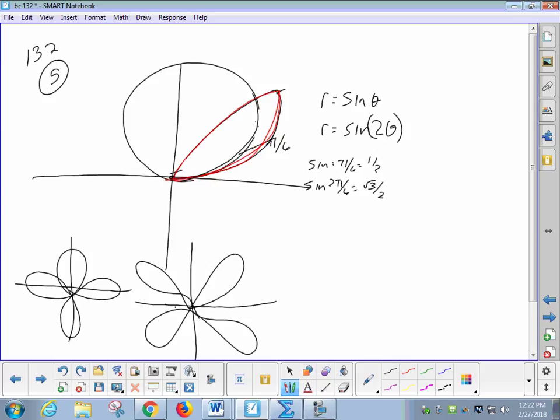Now that makes sense to me because as we get closer to pi over 2, sine gets bigger. And this guy gets closer to pi over 2 quicker, so it'll get bigger faster. The rose will be further out than the circle. Are we cool? All right, okay dokie. I've got a good idea of the picture.